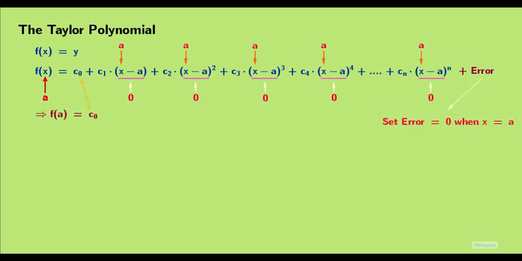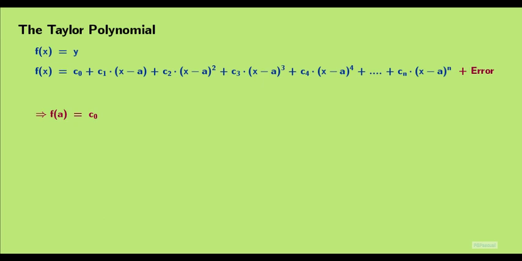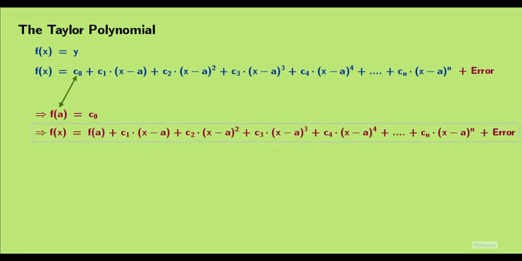And so f of a is equal to c sub 0, the only term that does not vanish when x is replaced by a in the Taylor polynomial. So we replace c sub 0 by f of a in the Taylor polynomial and get this improved version of the Taylor polynomial.